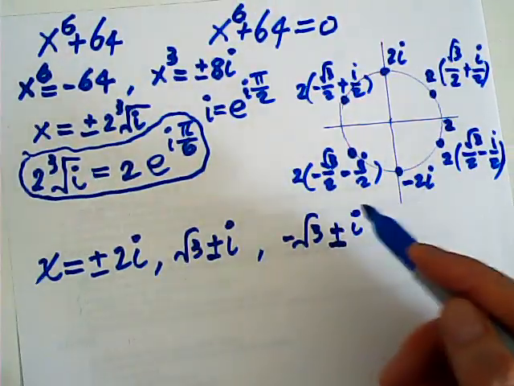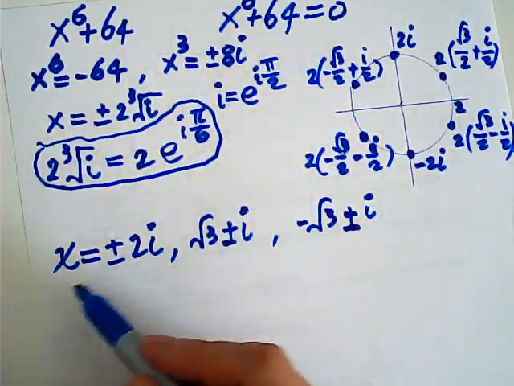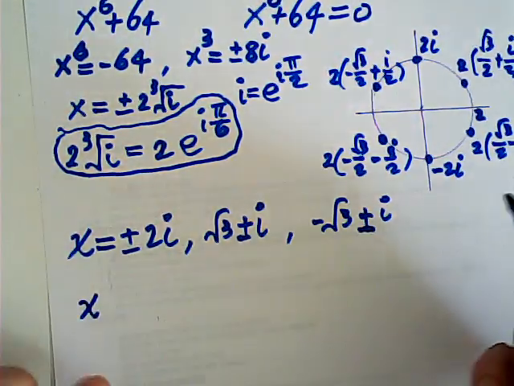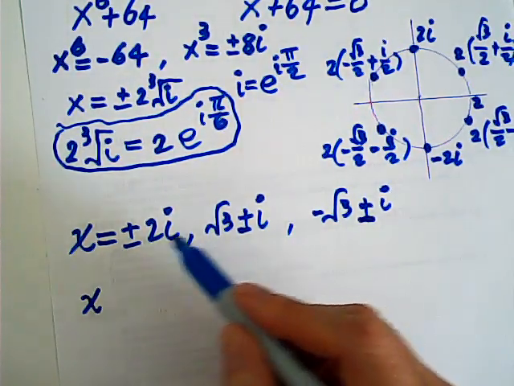Once you find the roots, you find the factors. The factor is x minus the root.